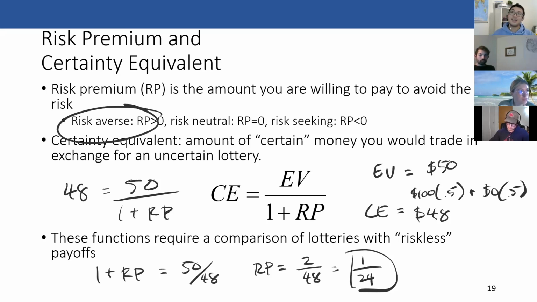But my one caveat is to think about how these are derived, and again, your risk premiums probably change quite a bit as the particular decision you're making changes in context, right?